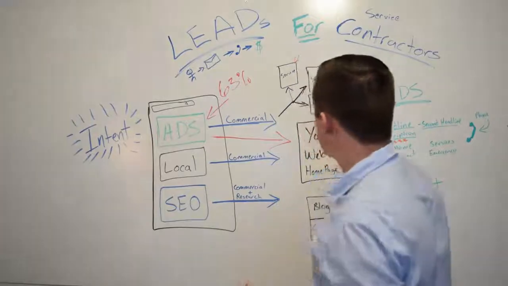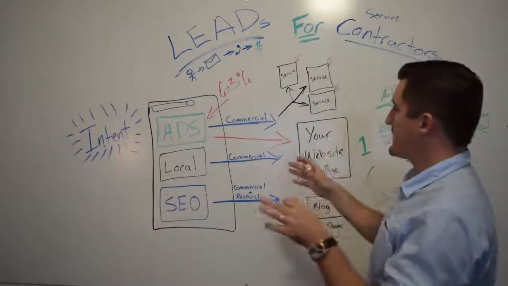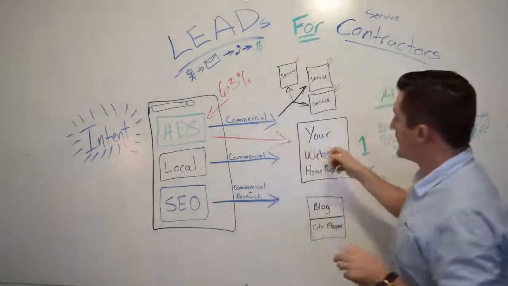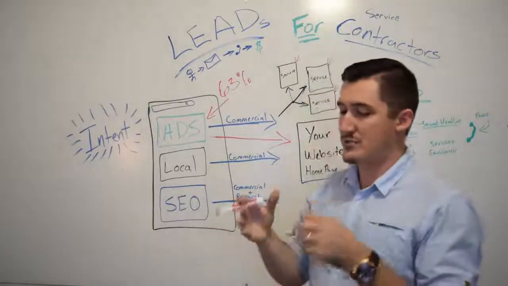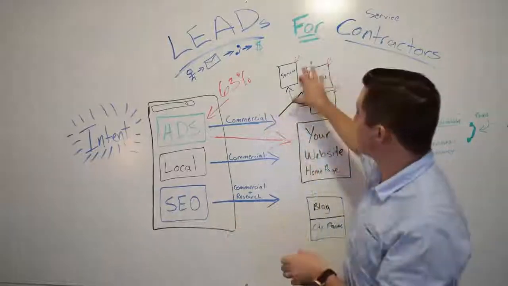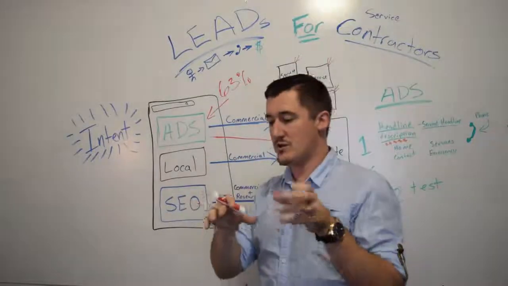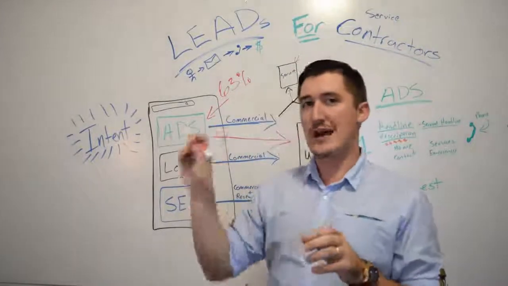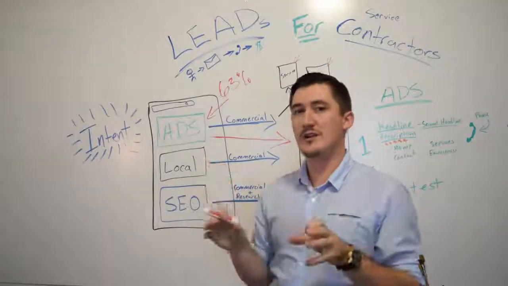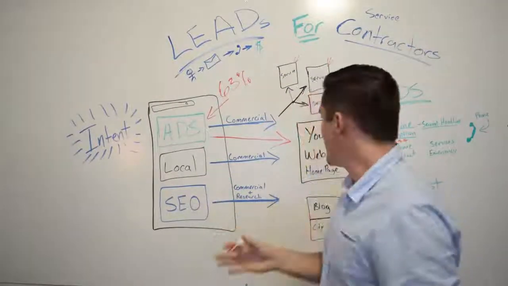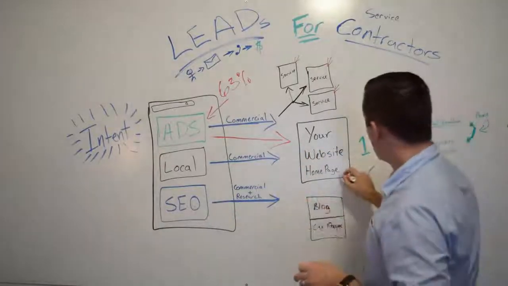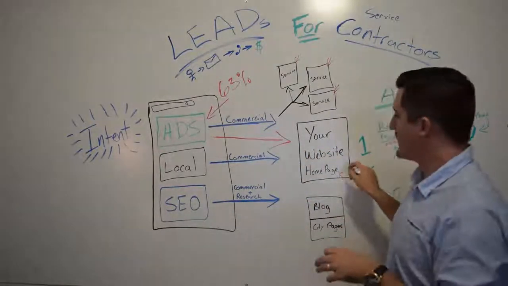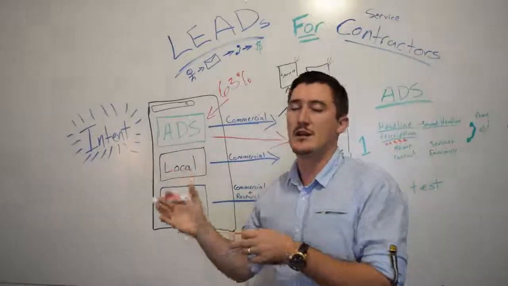I just see so much waste in ad spend because they're sending traffic to just their homepage. We have software that we connect to these pages, so we can see when someone lands on your website, track where their mouse is and what they're looking at. It's crazy how often, when people go to your homepage, they'll click on the little Facebook icon, go to your Facebook page, and they're gone.